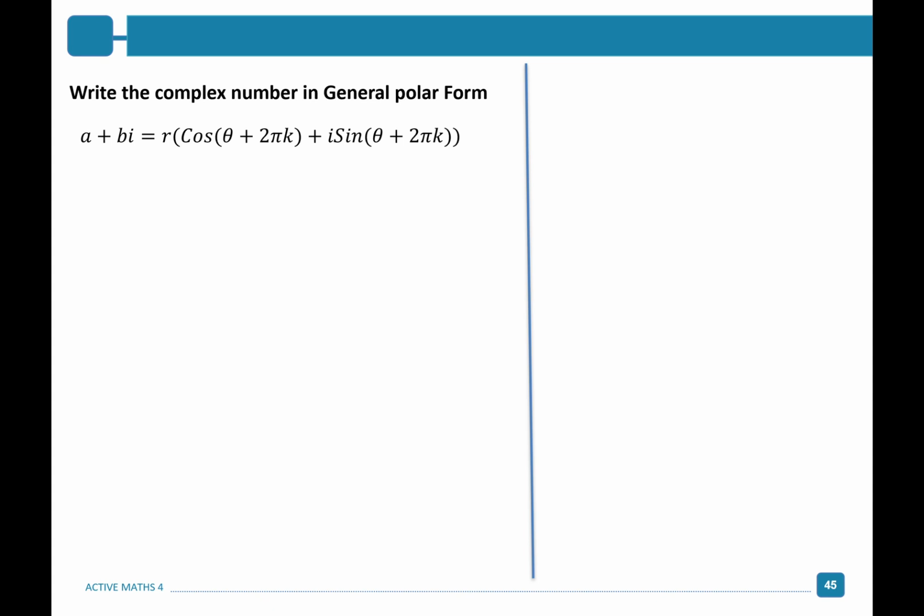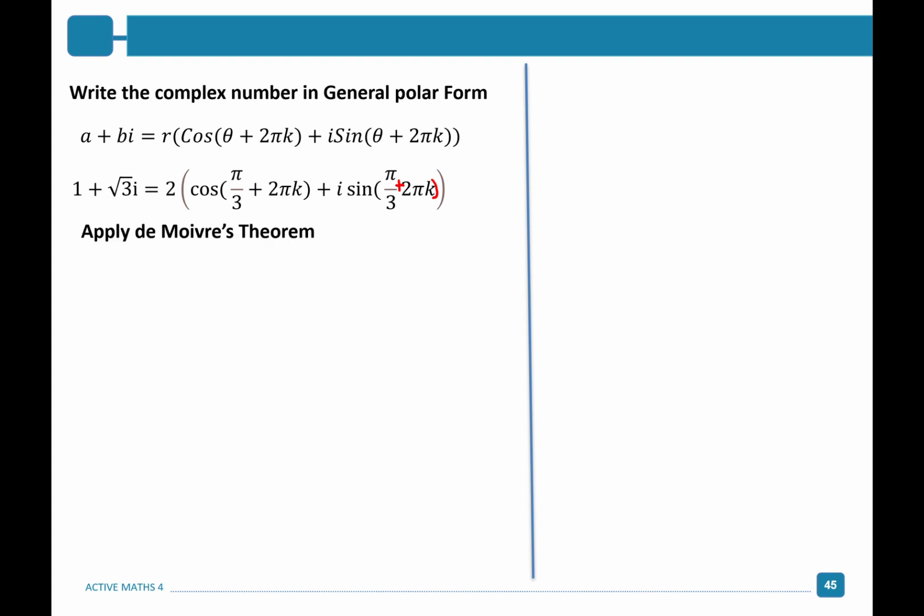This is similar to the method we use when solving our trigonometric equations. We now substitute in our values to write our complex number in general polar form. This gives us 2 times cos of pi over 3 plus 2 pi k plus i sine pi over 3 plus 2 pi k.